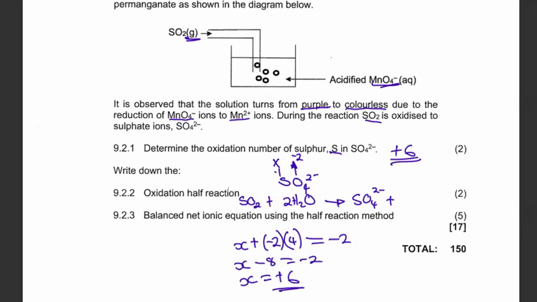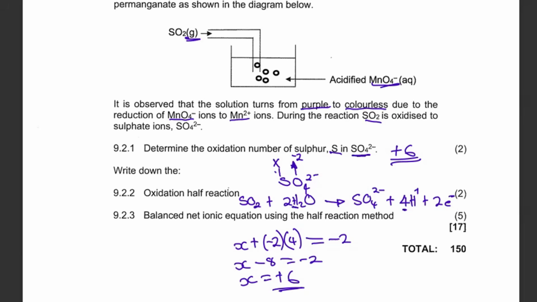If we balance the number of hydrogens, how many hydrogens do we have on the right? 4. So it's going to be 4H+ plus 2 electrons. So that's how we write this one out: SO2 plus 2H2O gives us SO4 2- plus 4H+ plus 2 electrons. These are there to balance the number of hydrogens on our left hand side.